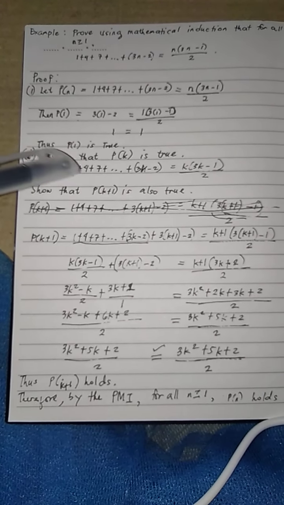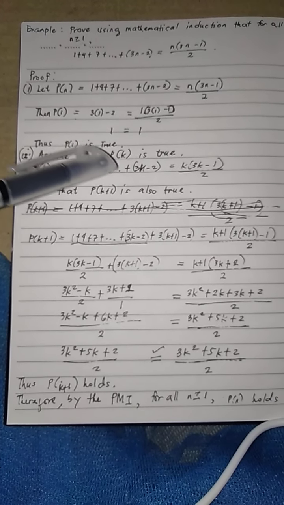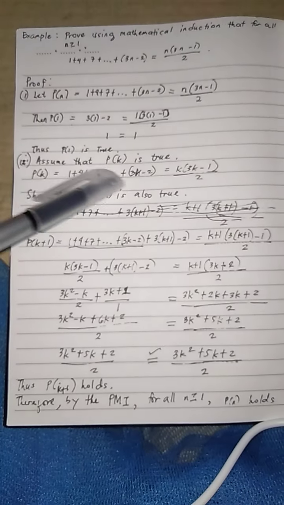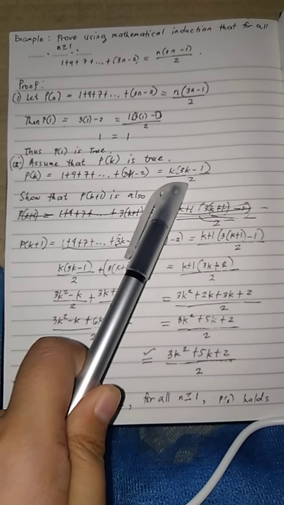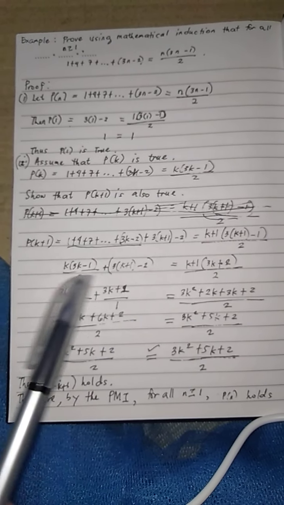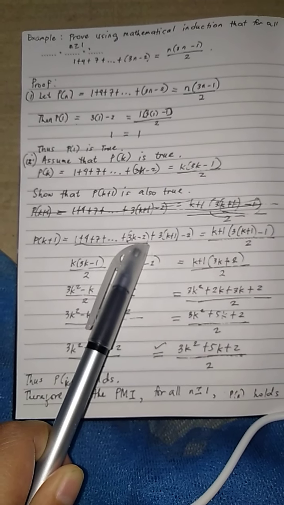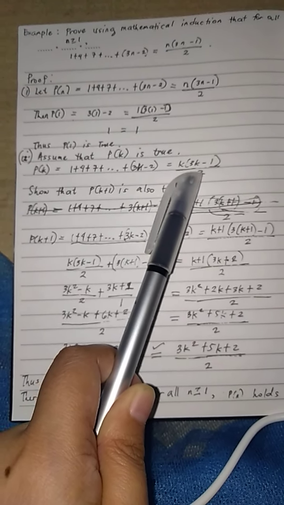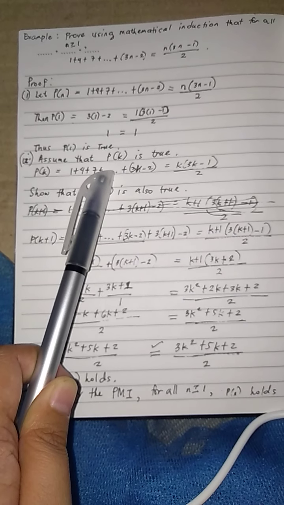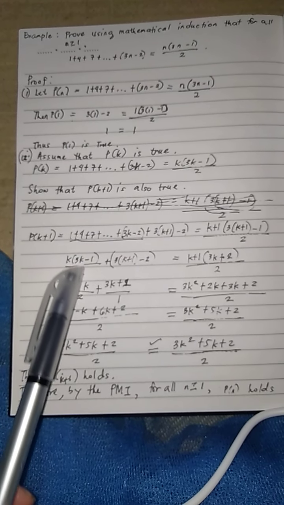We have there P of k is equal to 1 plus 4 plus 7 up to this. So, this is just equal to k times 3k minus 1 over 2. That's why, coming from here up to 3k minus 2, we replace it with this, since this is just equal.